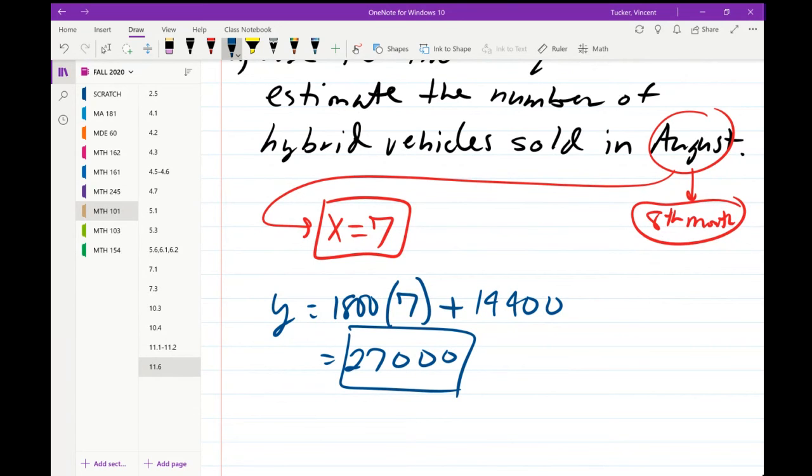So you expect the monthly sales to be 27,000 in August. All right, questions? All right, so we have at least one more as far as the examples that the book gives.